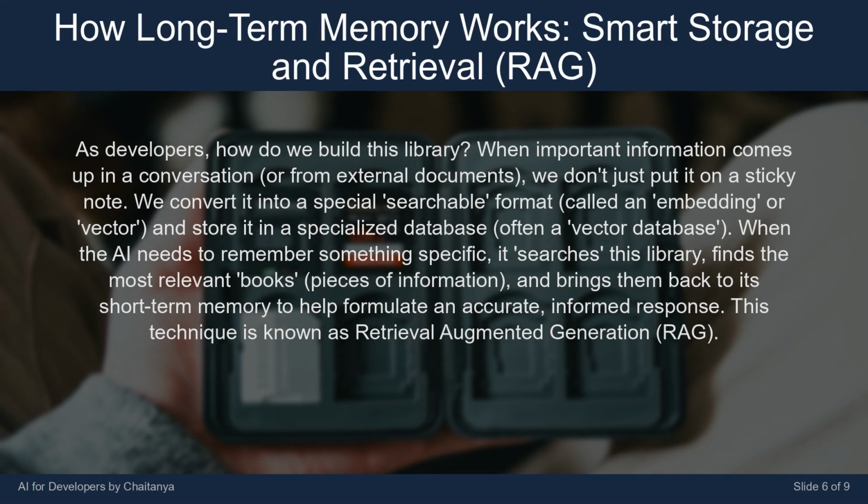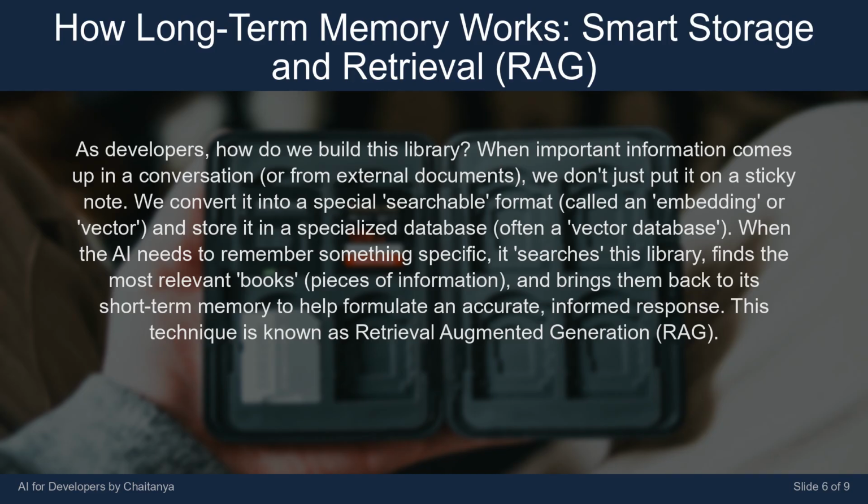As developers, how do we build this library? When important information comes up in a conversation, or from external documents, we don't just put it on a sticky note. We convert it into a special, searchable format called an embedding or vector, and store it in a specialized database, often a vector database.